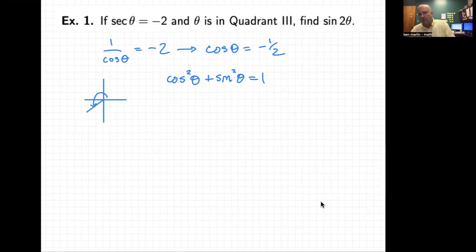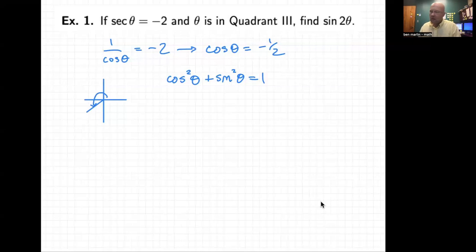If you have a point xy, it is at a distance r from the origin, and you have x squared plus y squared equal to r squared, and then the sine and the cosine are defined by y over r and x over r respectively. So you would end up being able to solve this down.